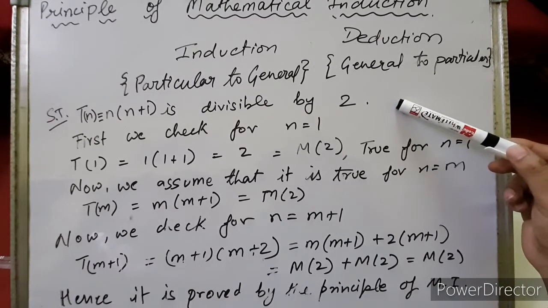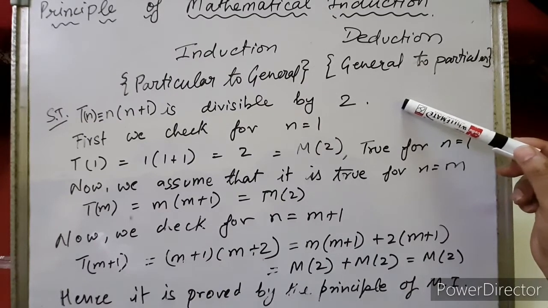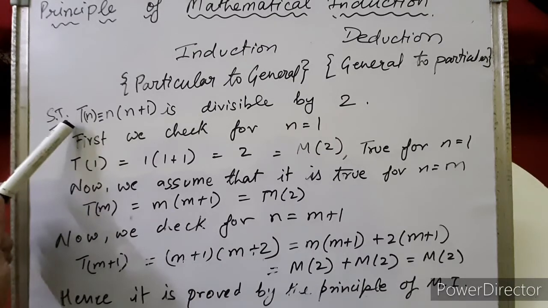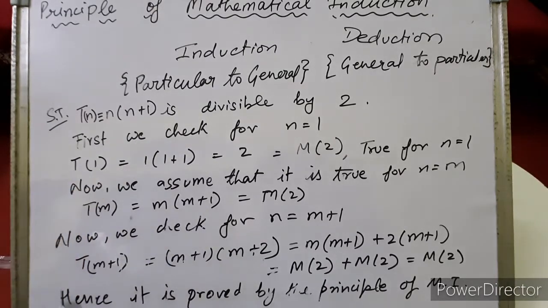So we have to show whether n plus 1 is divisible by 2 or not. Right, children? So we have assumed that n plus 1 is equivalent to Tn. Tn is equivalent to n plus 1. And we have to prove that n plus 1, or Tn, is divisible by 2, where n will be natural numbers.